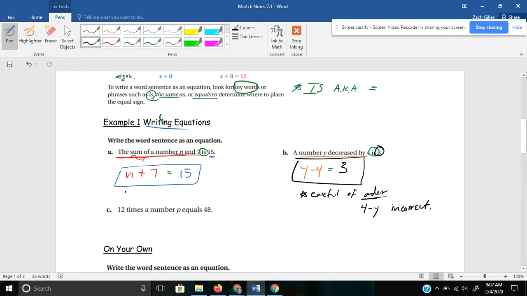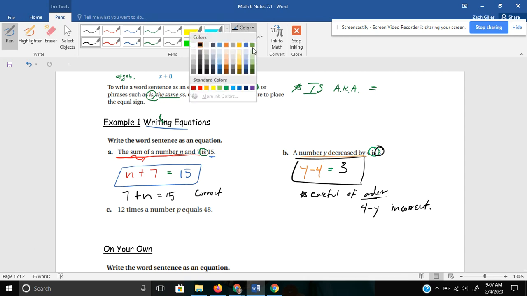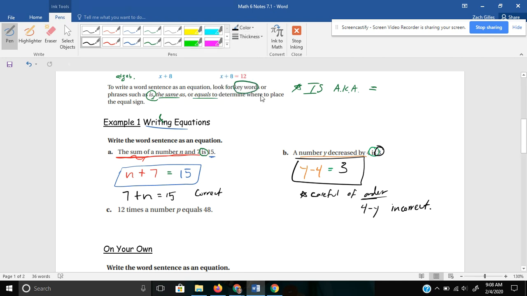Here, you could have put 7 plus n equals 15, and that would be correct as well, because order does not matter when you're just adding. You can use the commutative property of addition to switch the order, and it won't change the answer. But here, you cannot. With subtraction and division, be very, very careful of the order that you're putting in your different terms. That's the kind of hint I'll give you. I would definitely write that down.